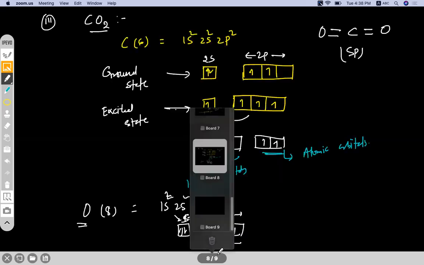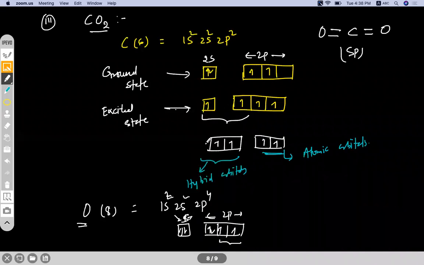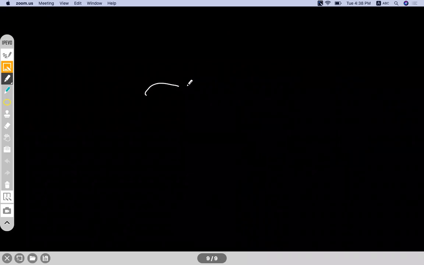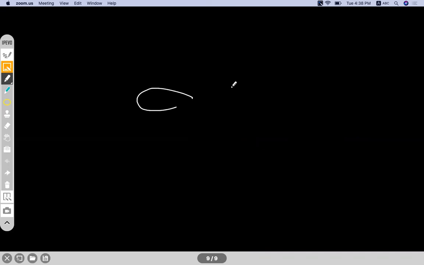See here, this is the sp hybridized carbon atom, and it has 2 p orbitals also, atomic orbitals.